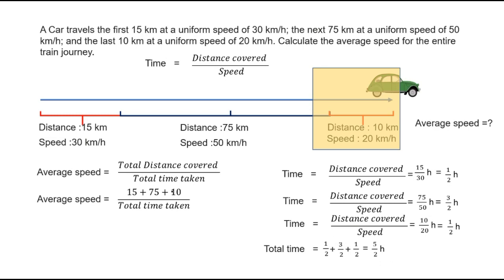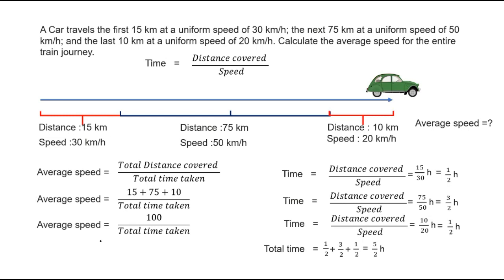So we will come back to this now. Our average speed is equal to the total distance, which becomes 100, that is 15 plus 75 plus 10, divided by 5 by 2 hours, right?